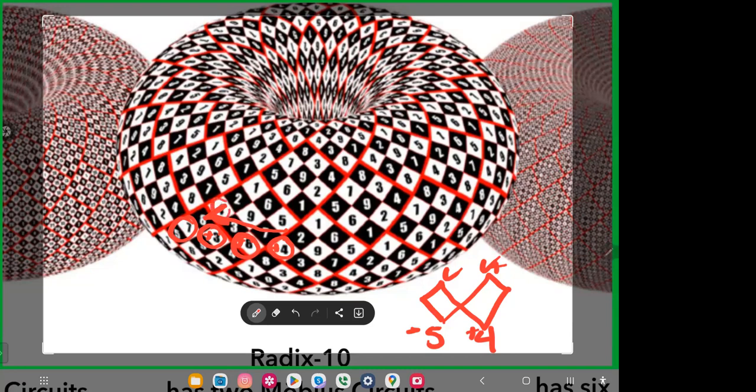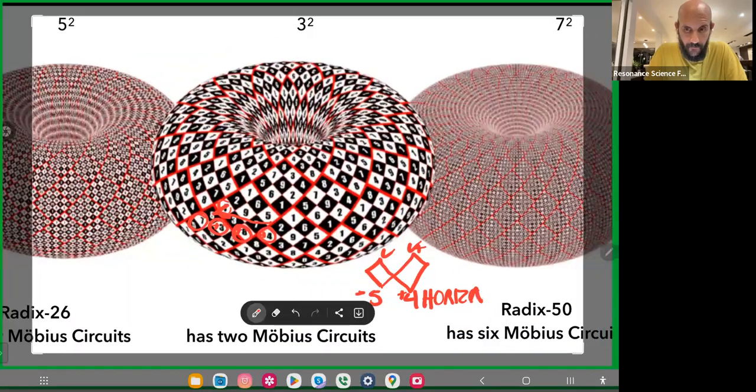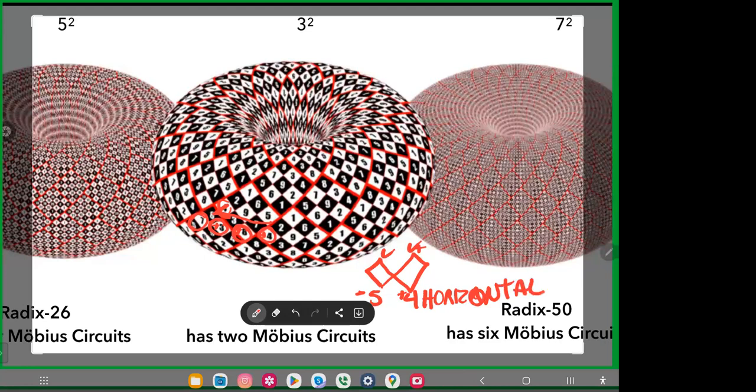When I go to every positive tile, this is called the horizontal axis. A-X-I-S.